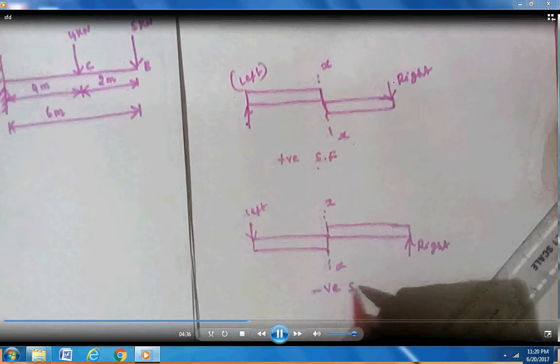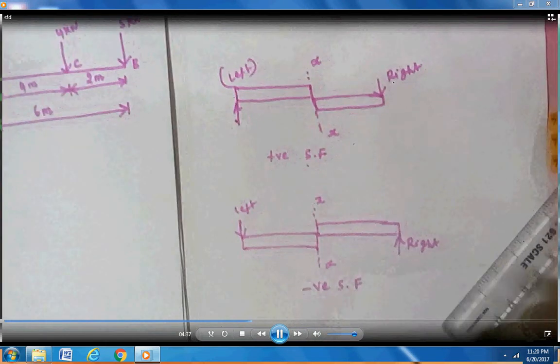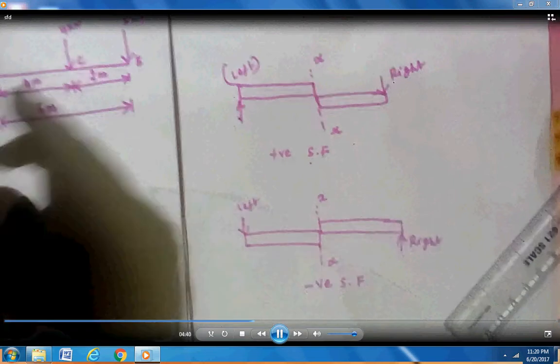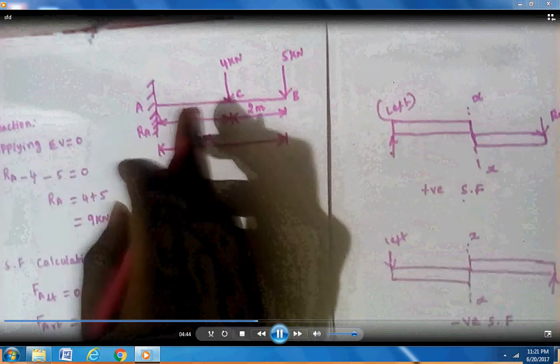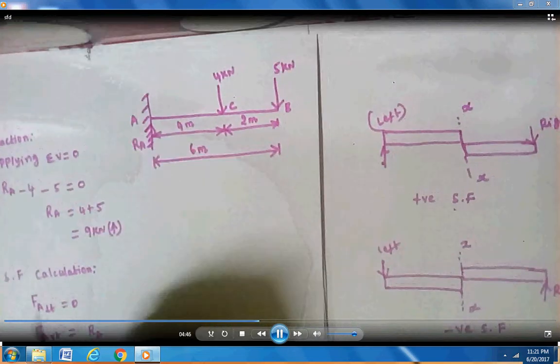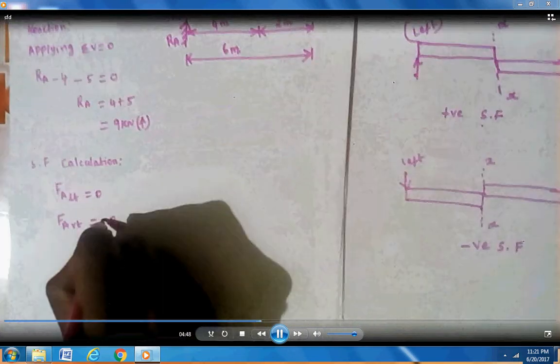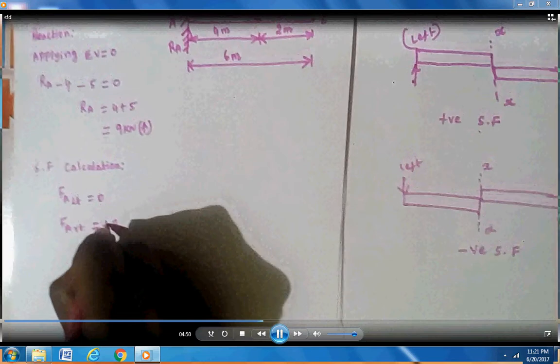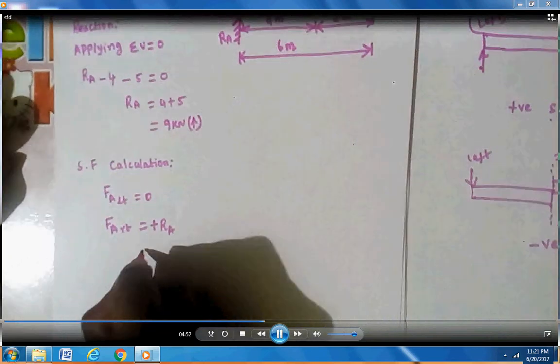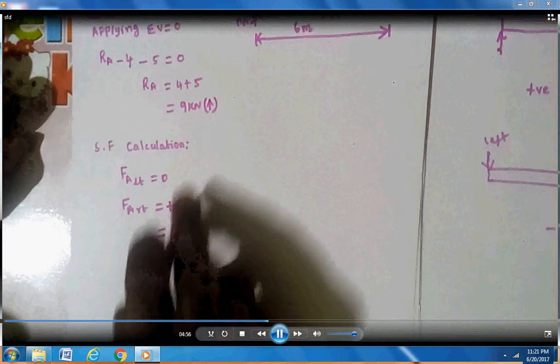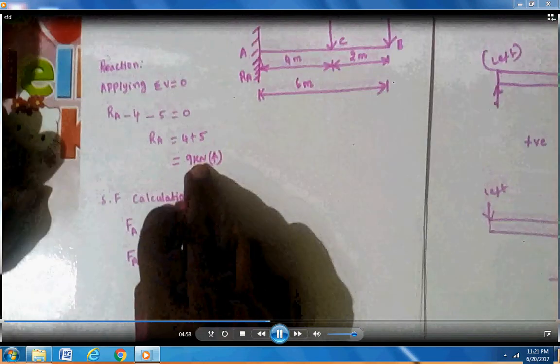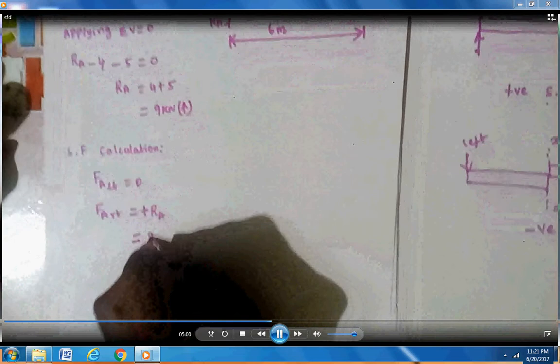Here take the shear force to the left of the section, so upward means positive, plus RA, because to the left upward is positive. RA is already calculated as 9 kilonewton. Substitute the value, plus 9 kilonewton.